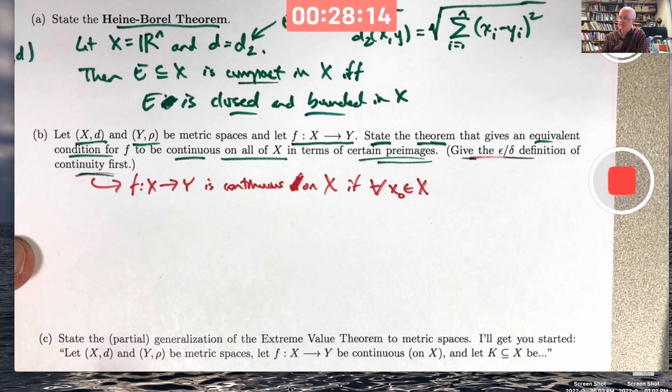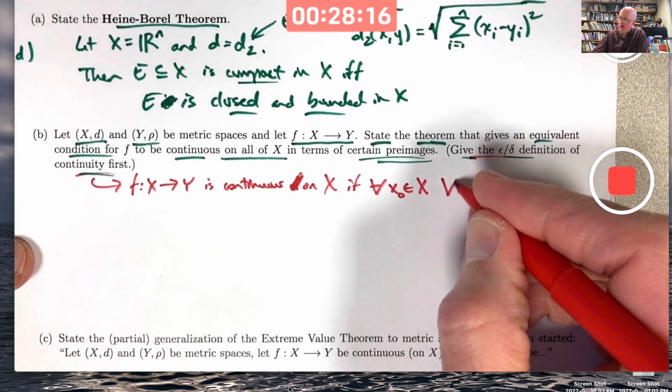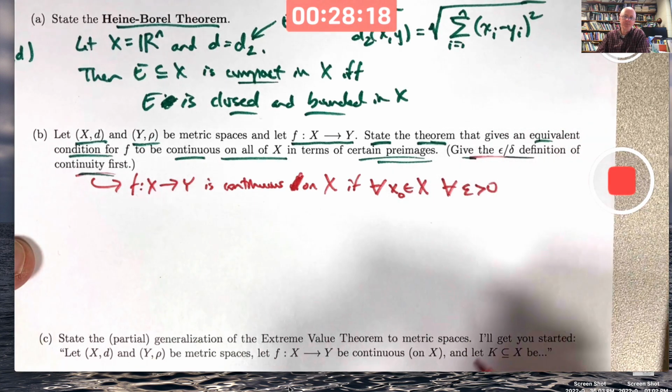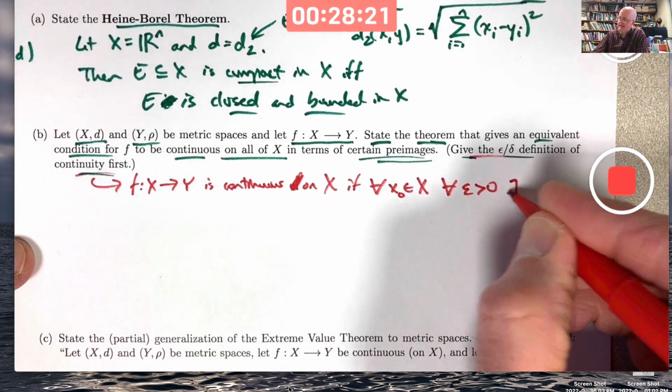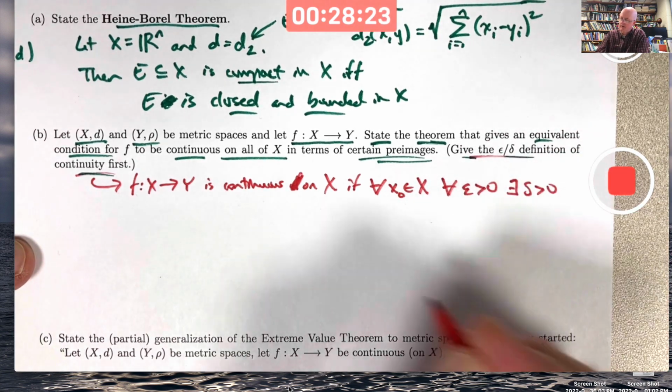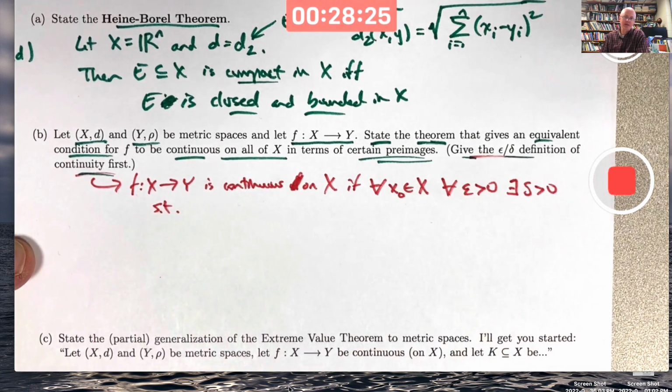For all such points, and for all epsilon greater than 0, there exists a delta greater than 0 such that something happens. Now, when you're dealing with, say, the real number line, this is typically written in terms of absolute values. If when x is close enough to x0, if the absolute value of x minus x0 is less than delta, then f of x and f of x0 will be close together as well. They'll be within epsilon of each other.